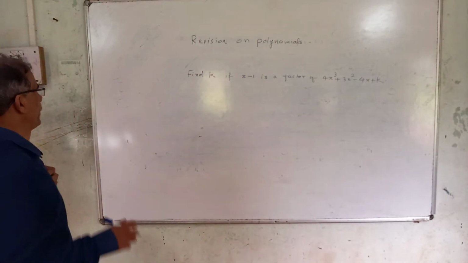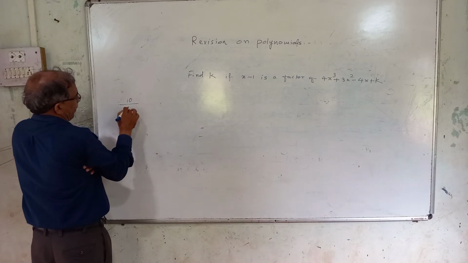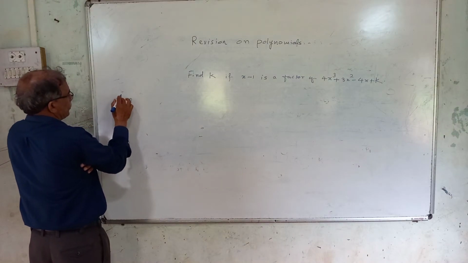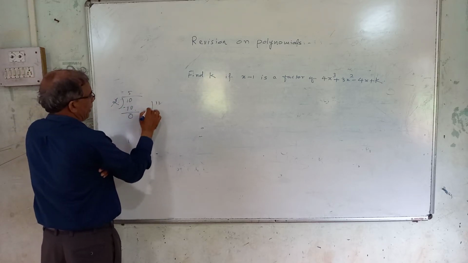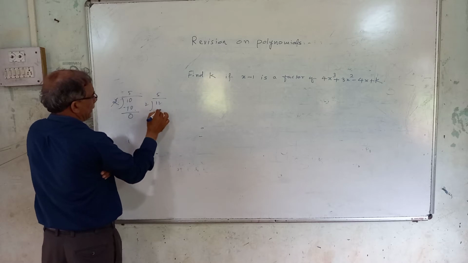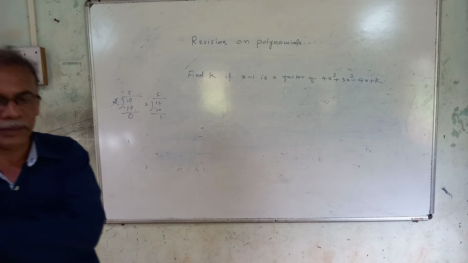Now see, when you say 2 is a factor of 10, when you divide 10 by 2, 2 5s are 10, remainder is 0. If 11 divided by 2, 2 5s are 10, remainder is 1. So 2 is not a factor of 11, we say. So remainder must be 0.